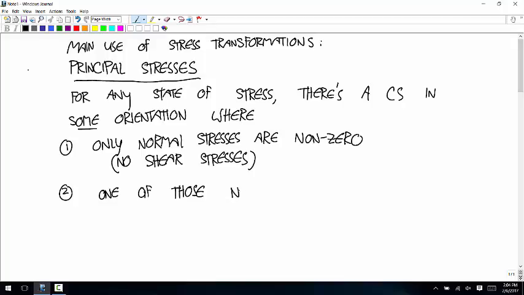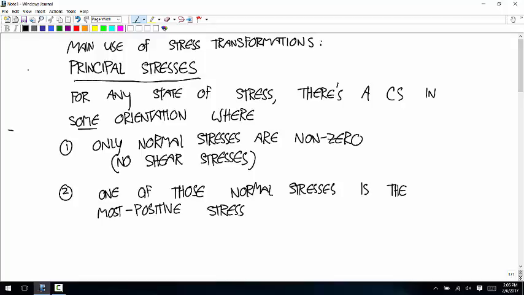One of those normal stresses, one of those 3 values, is the most positive stress of any coordinate system.